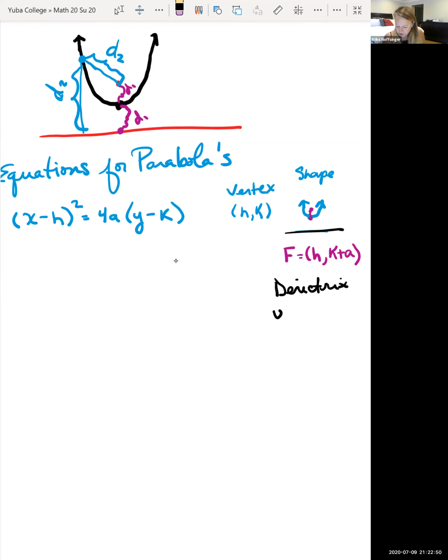So your directrix is the line y equals, well, let's think about it. We know what the y value is here. This distance here I said was just A, it has to be the same distance down in here. And so I know what my y value here is, K minus this A would give me this y value for this line. So K minus A.